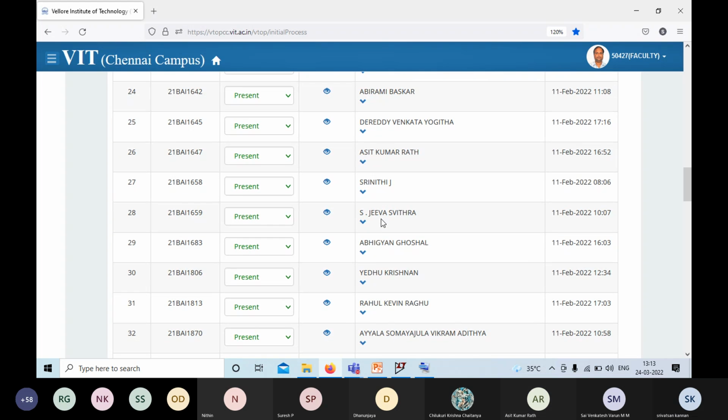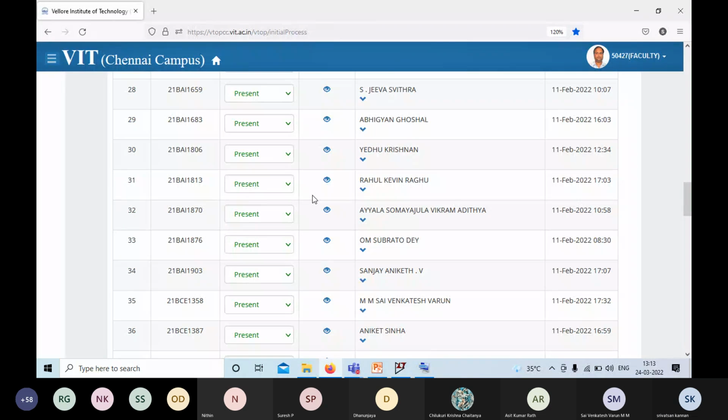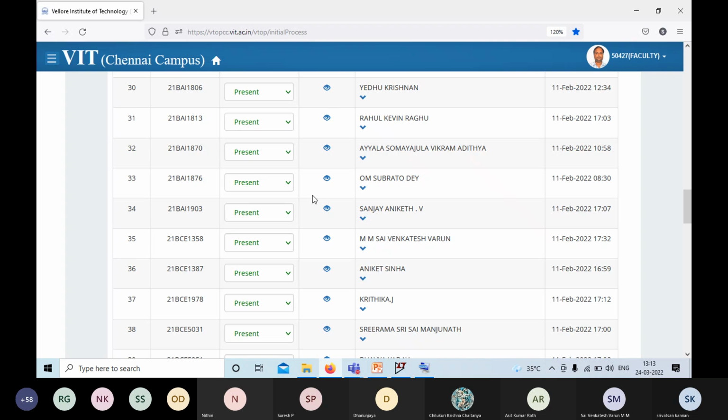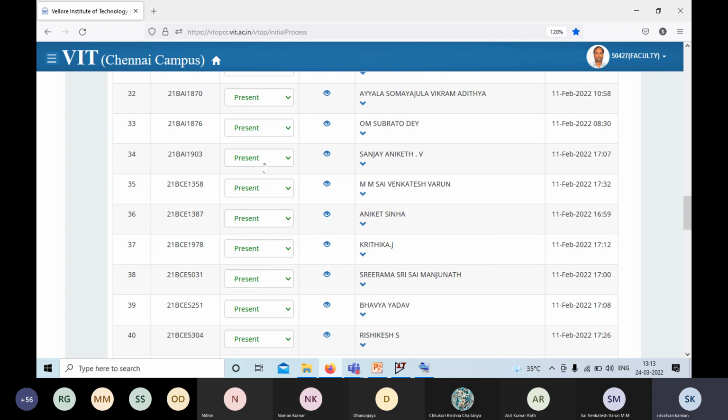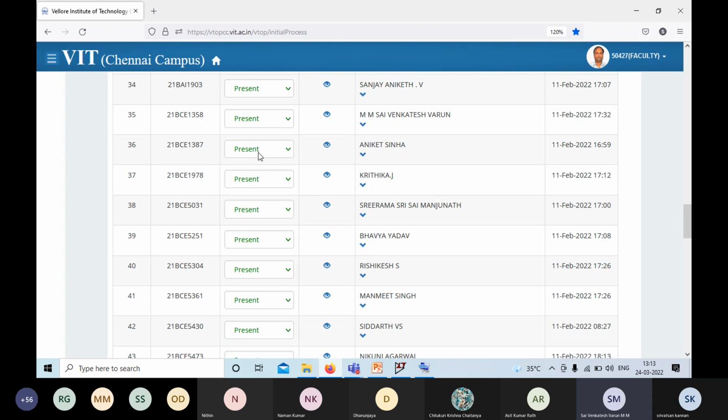Srinidhi, Present, sir. Jiva, Present, sir. Abhigyan, Present, sir. Yedu Krishnan, Present, sir. Rahul, Present, sir. Vikram Aditya, Present, sir. Suprato Dey, Present, sir. Sanjay, Present, sir. Sai Venkatesh, Present, sir. Ankit Singha, Present, sir.